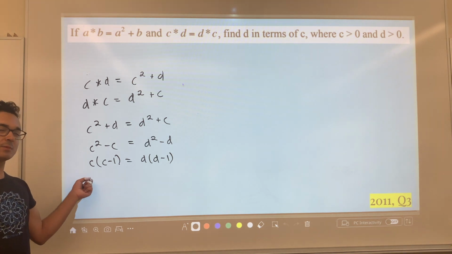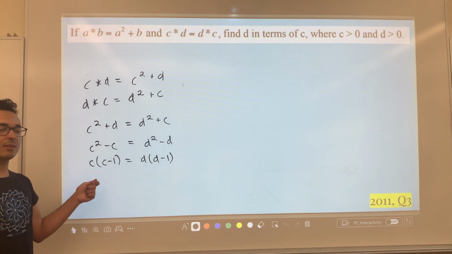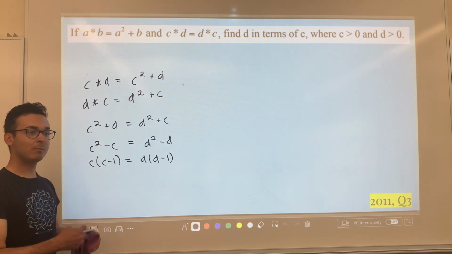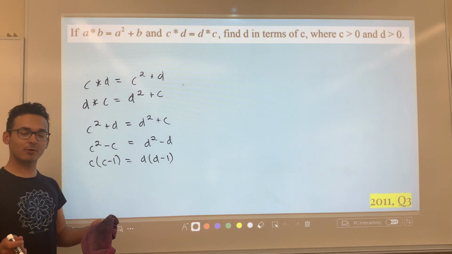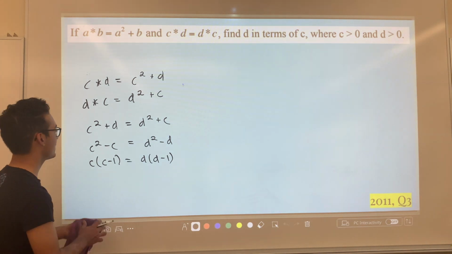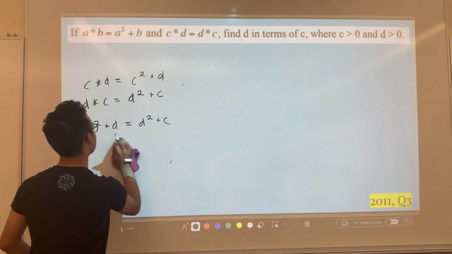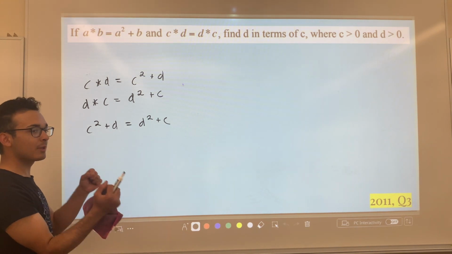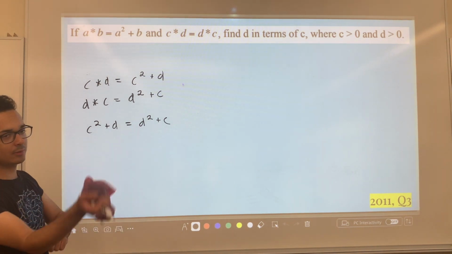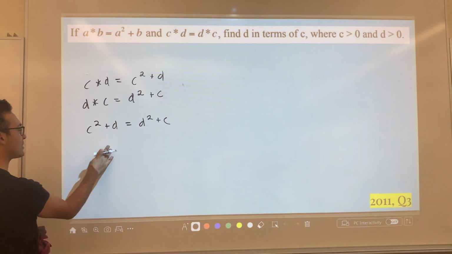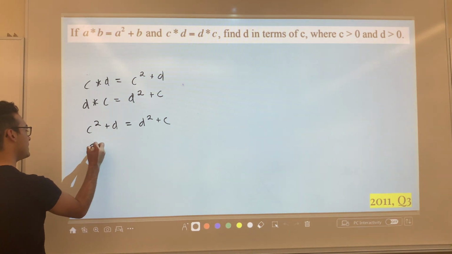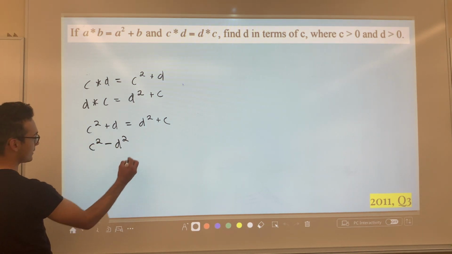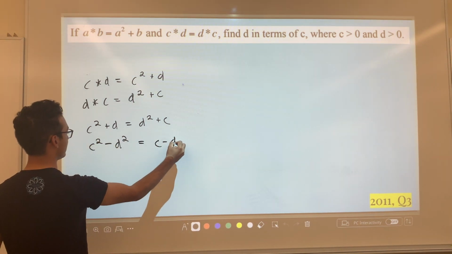So when you get to this point, you have to say to yourself, there has to be more here that I'm not thinking of. And that more, in this particular case, comes in the form of the difference of 2 squares. So, instead of lumping the c's and lumping the d's together, we can lump the squares together and lump the non-squares on the other side. So, subtract d squared, we get c squared minus d squared, and then if we move this d to the other side, we get c minus d.